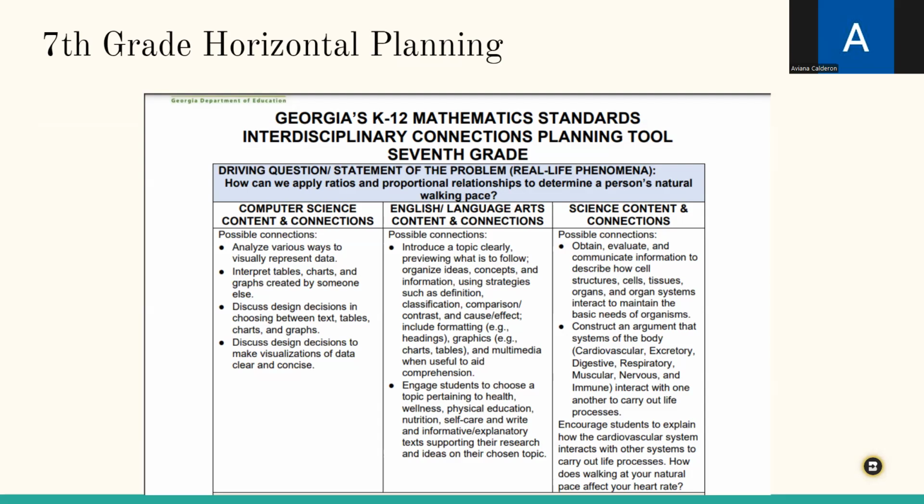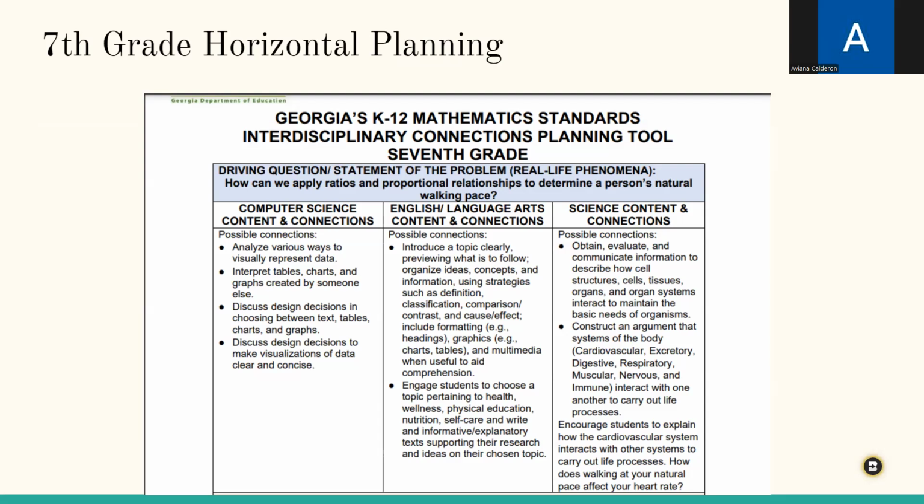In ELA, it is related to ratios and proportions, as it introduces a topic clearly, previewing what is to follow, organizing ideas, concepts, and information using strategies such as definition, classification, comparison, contrast, and cause and effect, including formatting, graphics, for example, charts and tables, and multimedia when useful to aid comprehension.